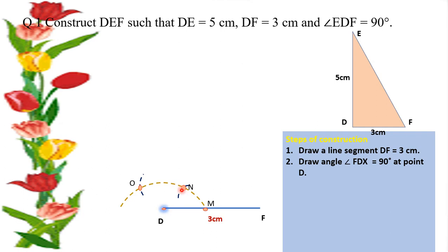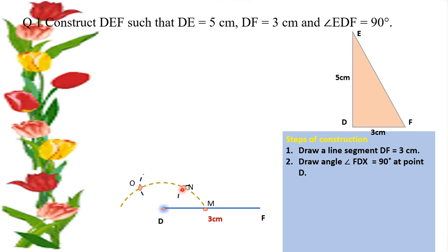Now we have to draw the 90 degree angle. When we join N to this point D, we get angle NDM, which equals 60 degrees. But we need 30 degrees more to make a 90 degree angle.